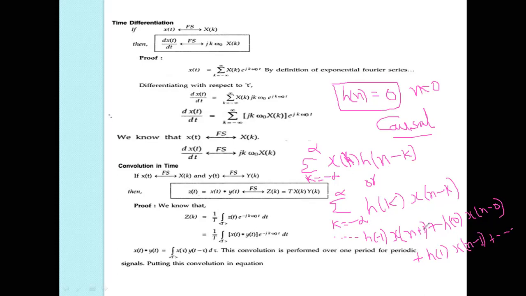Plus h of 0, x of n minus 0, plus h of 1, x of n minus 1, and so on. I am showing here only minus 1, 0, and 1.